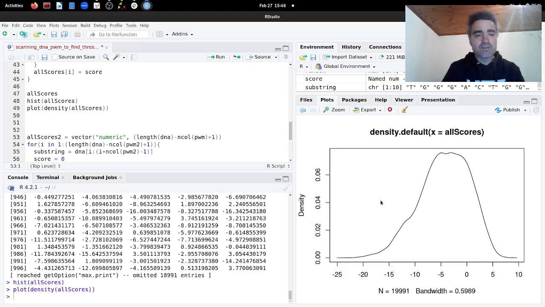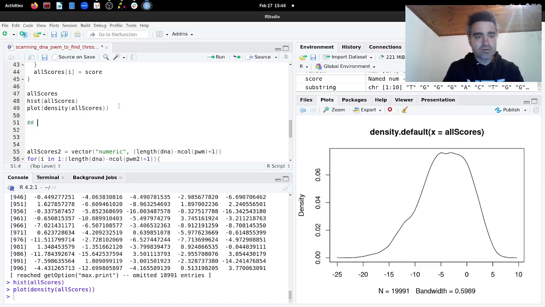And now we're going to find the threshold, and the threshold will be a value on this axis where 95% of the values of this distribution are below the threshold. In other words, only 5% of the values are higher than this threshold.